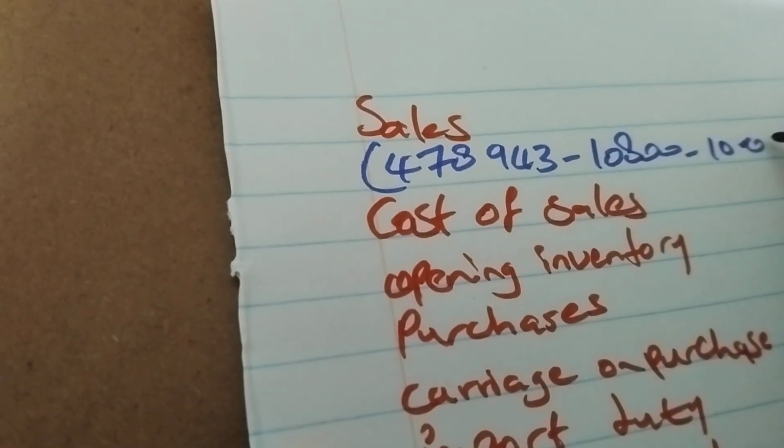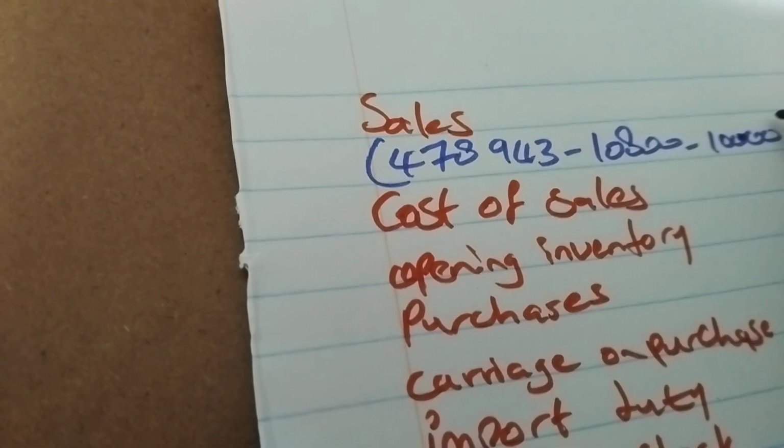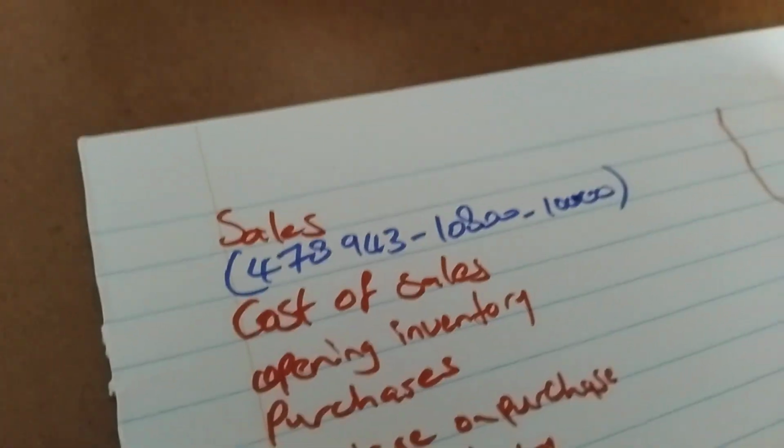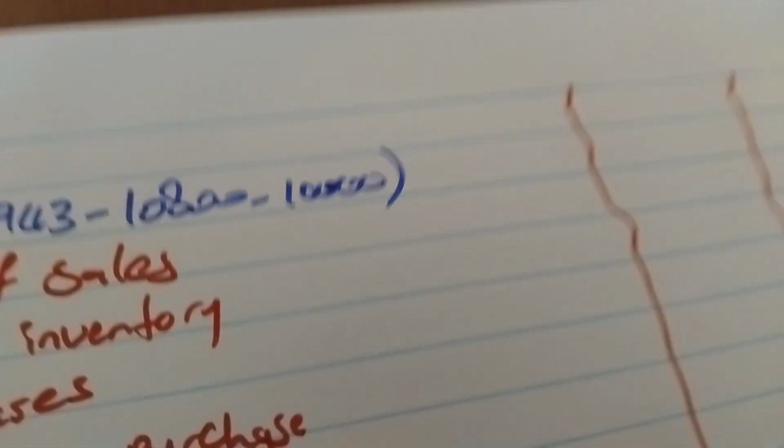So these are the only things that you're going to subtract when it comes to sales: settlement discount granted, and also the sales return. And when you calculate those, they must give you 458,143.